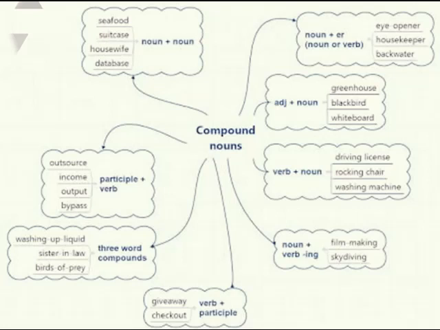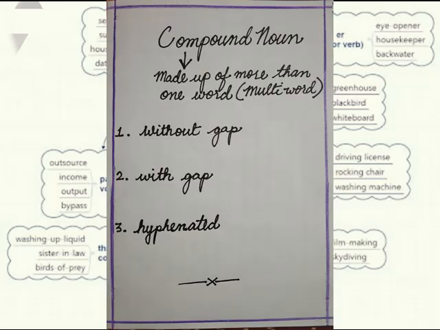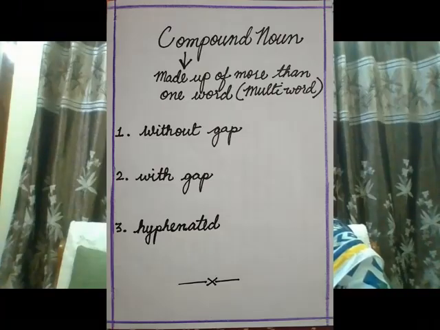We can create a compound noun by following three methods. Like if I say table, table is a common noun. But if I say tabletop, tabletop will become a compound noun.